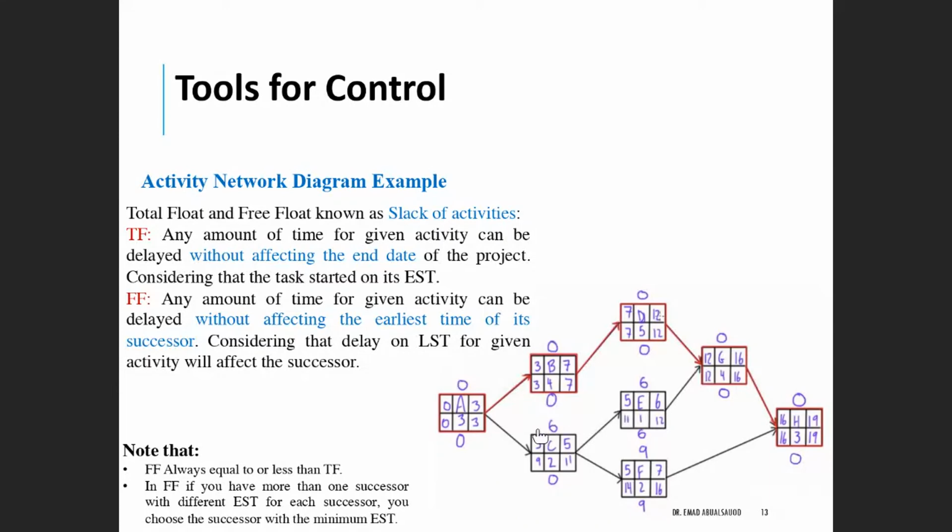So we already answered this question when we calculated the TF. The TF tells you that you have 6 weeks of duration to complete this task without affecting the project end time, but with the consideration that if the duration we take is more than the specified one, which is the 2 weeks, it will affect the beginning or the start time for activity F and activity E as well.